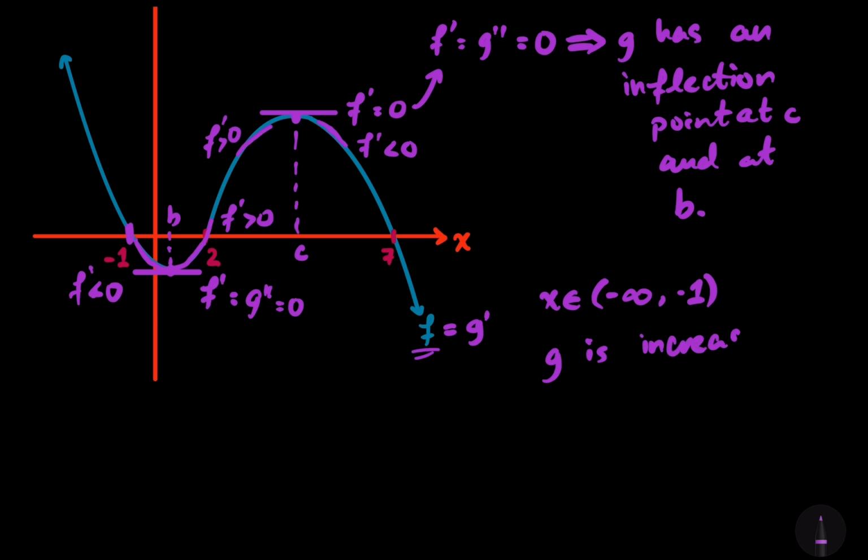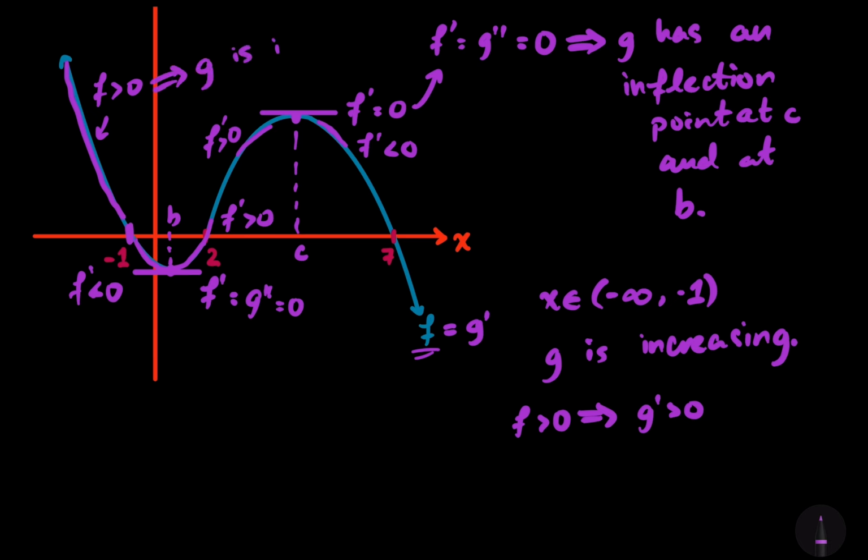And how do we know that g is increasing? That's because f is greater than 0. So f is positive, which tells us that g prime is positive. And because f is positive over this region, that immediately tells us that g is increasing.